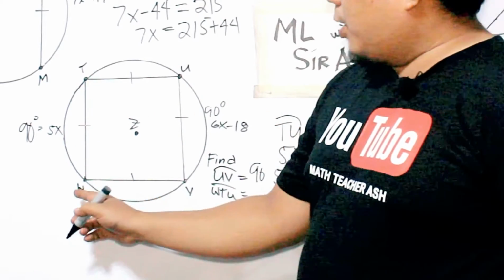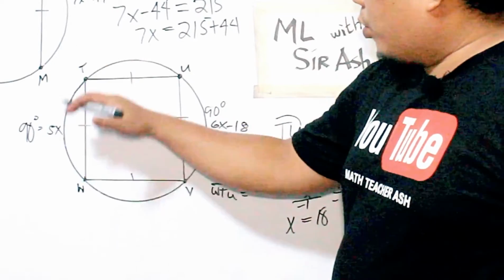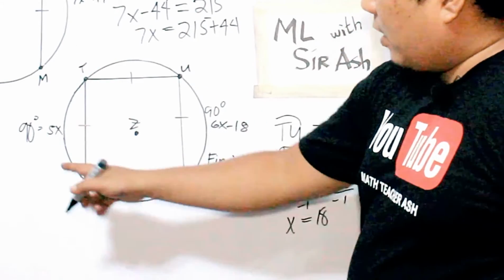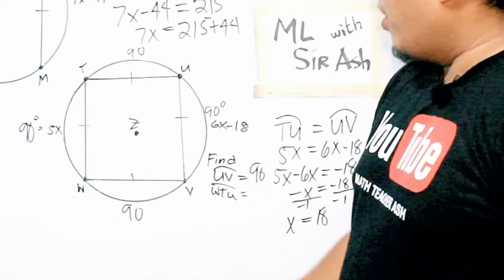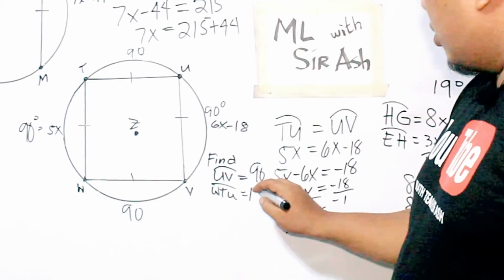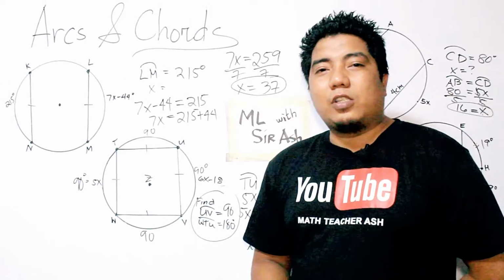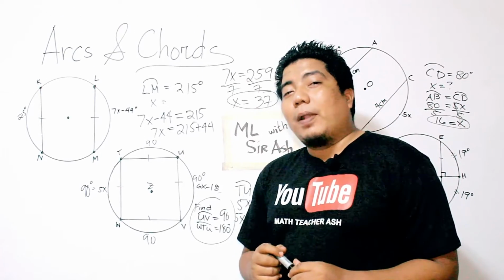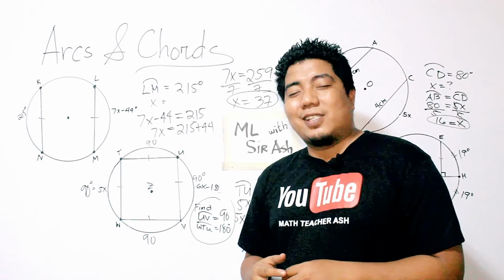Now, since arc WTU is a sum of two congruent arcs, then if this is 90 and this is also 90, then we can say that WTU is equal to 180 degrees. And you have answered your problem by just applying the theorems that you have learned earlier in this discussion.